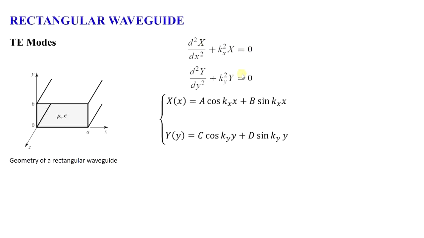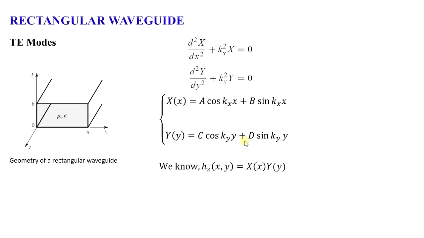Now we have these two differential equations. If we solve them, we get X(x) equal to A cos kx x plus B sin kx x, and Y(y) equal to C cos ky y plus D sin ky y. Here A, B, C, D are constants and they can be found by applying the boundary conditions.